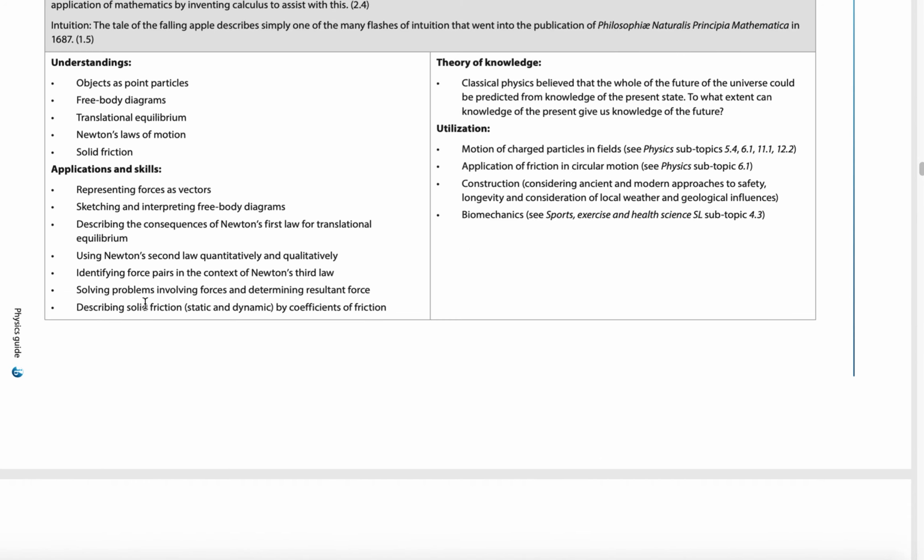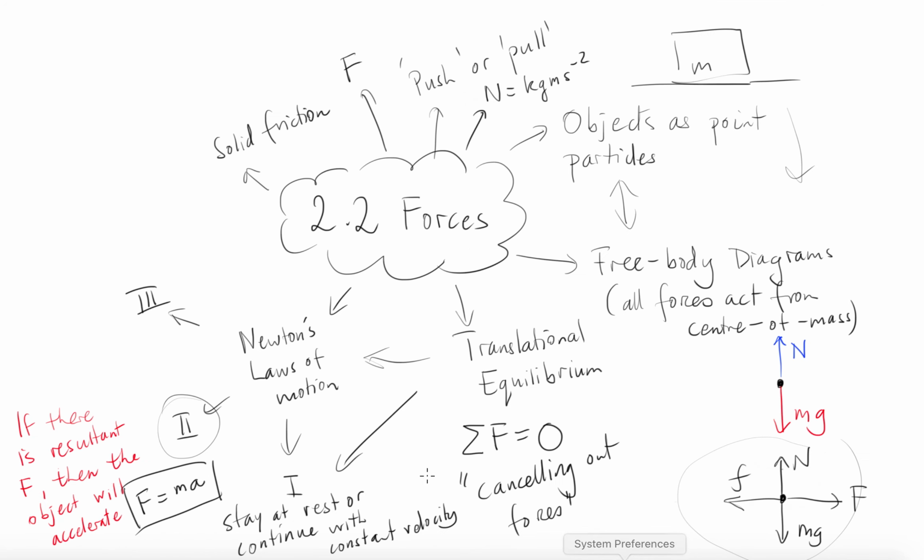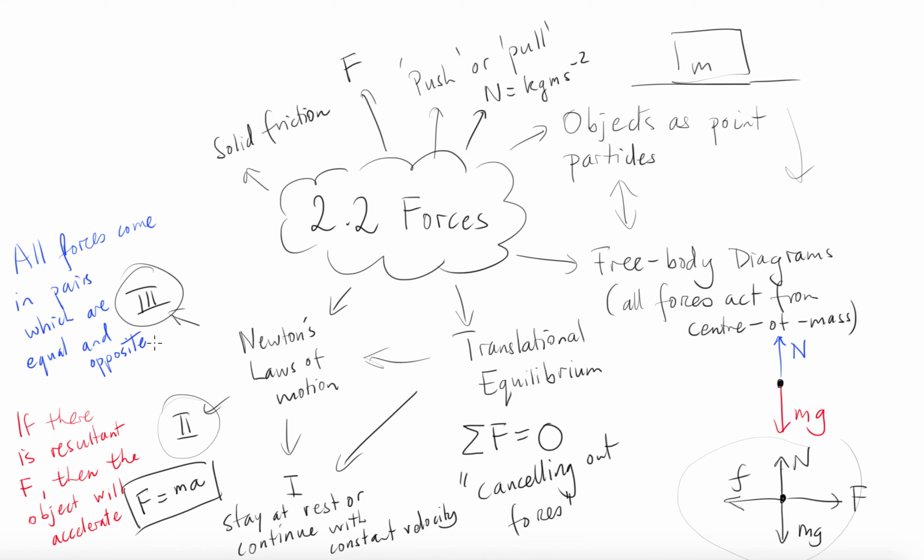What Newton's third law of motion says is that all forces come in pairs which are equal and opposite. And they don't always have to be in contact.